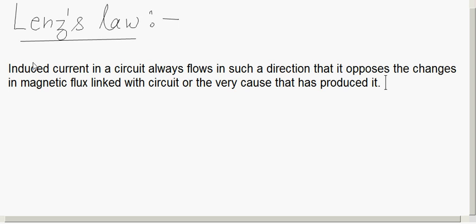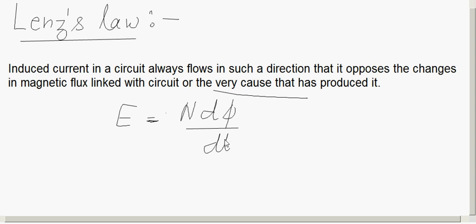What is the meaning of this? It opposes the very cause producing it. Therefore, the equation for E now becomes, if there are n turns in the coil, the induced EMF is n into d phi by dt, and according to Lenz's law, it opposes the very cause of producing it. Therefore, this negative sign will appear.